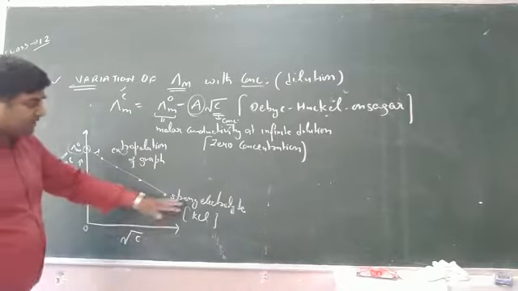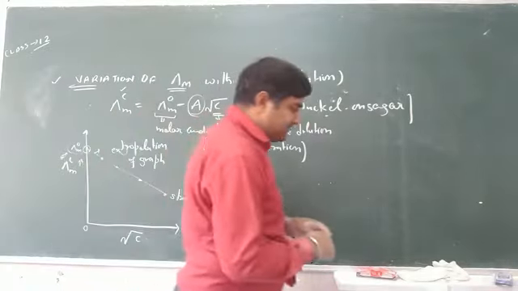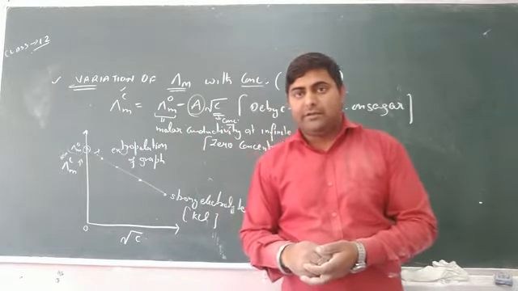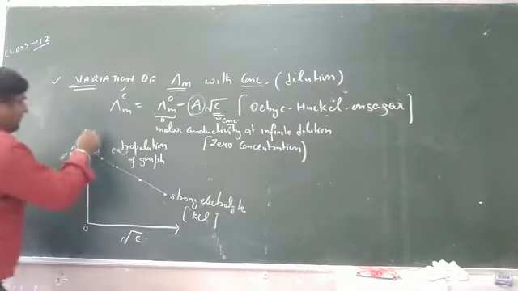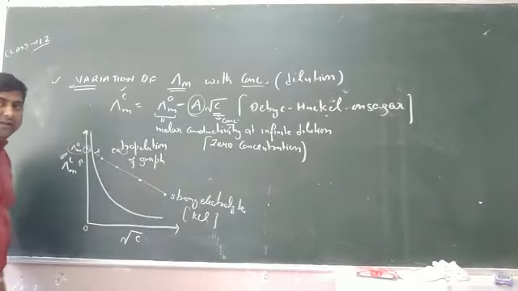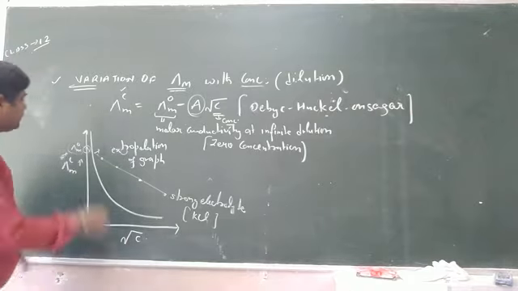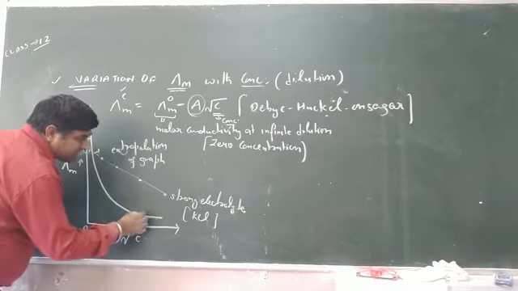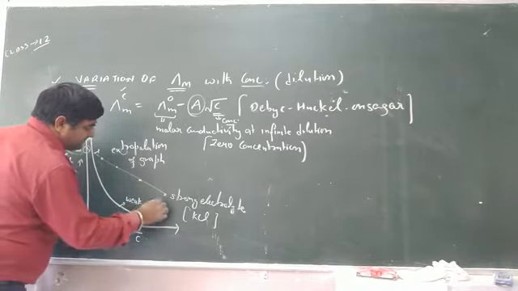This is for strong electrolyte, but when they observed the variation of molar conductivity of a weak electrolyte, they were quite surprised to see that the molar conductivity at infinite dilution cannot be calculated from the graph, as the curve does not meet the axis. So this is for weak electrolyte.